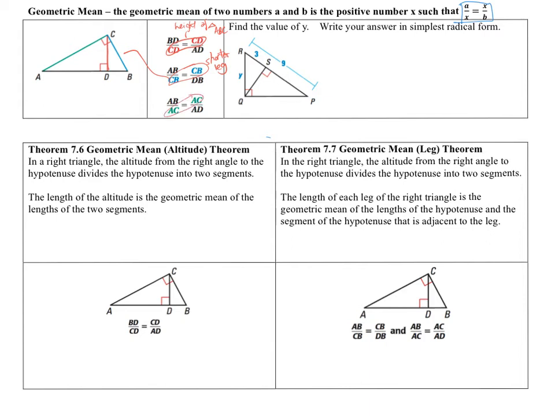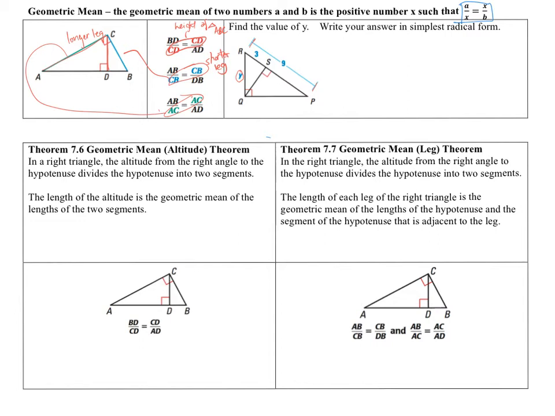And AC is the longer leg. So if we look at an example here, we want to solve for y, and we have the hypotenuse here, and it's 9.